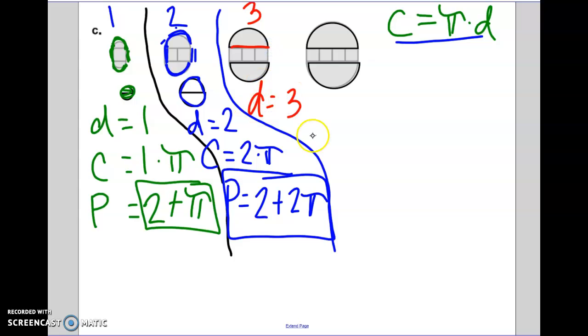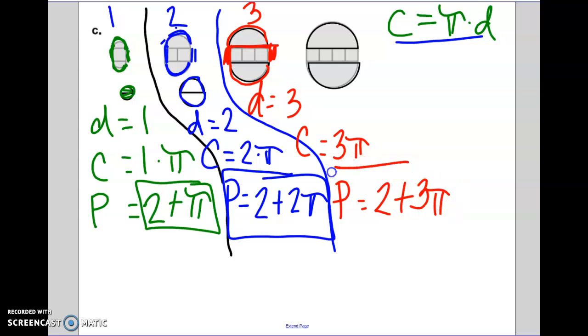And so my hope is that you'll see that there's this pattern. If the diameter is 3, then the circumference is 3 times pi. And the perimeter is always that guy, plus that guy, plus that guy, plus that guy. And remember, these sides right here are always 2. So the perimeter is 2 plus 3 pi.